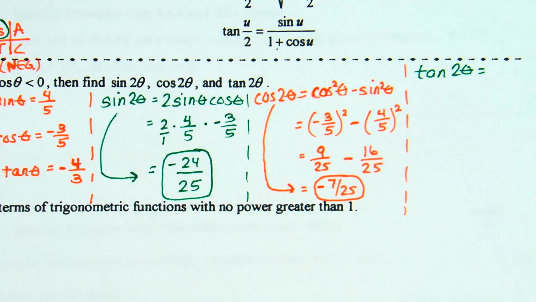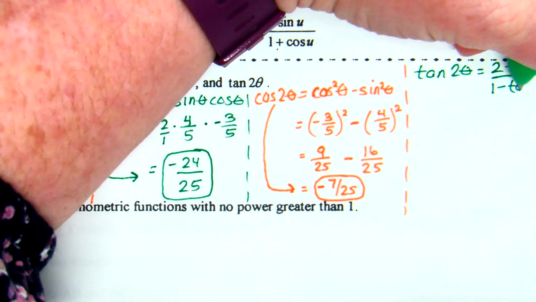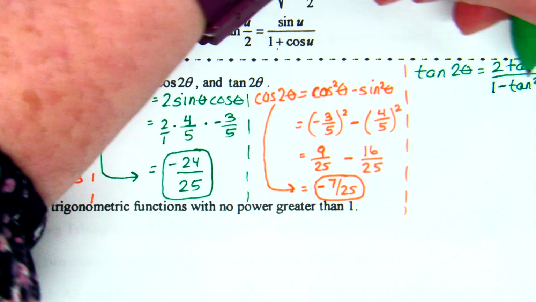We're back to having one option, correct? So tangent, we're going to be using 2 tangent theta over 1 minus tangent squared theta.